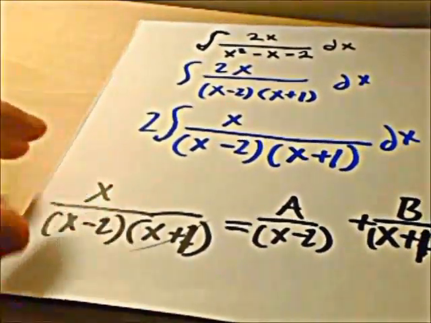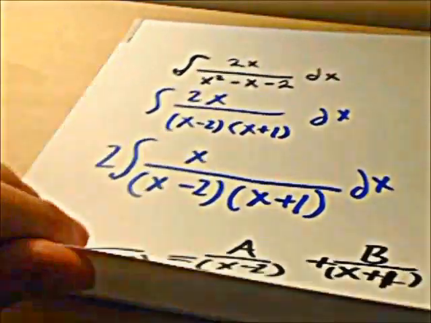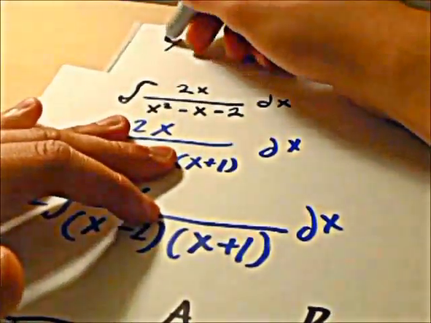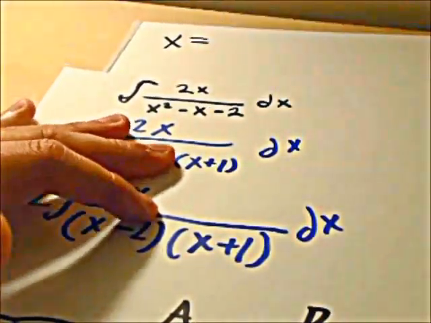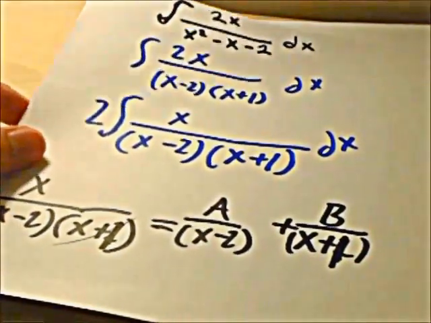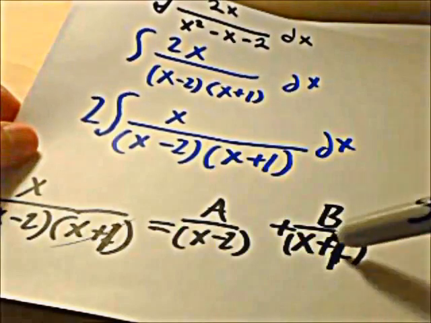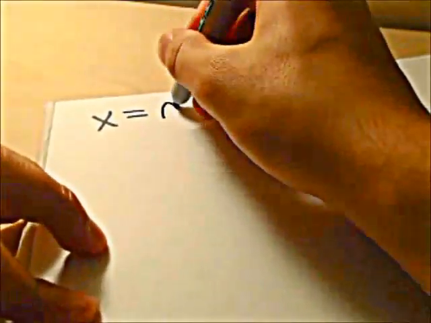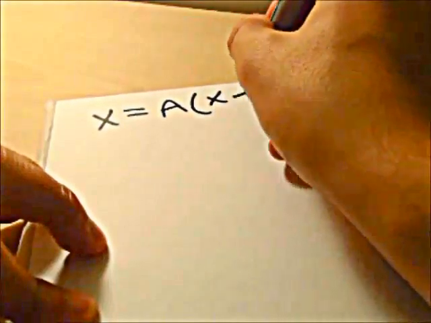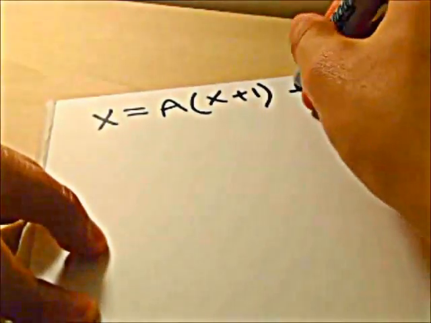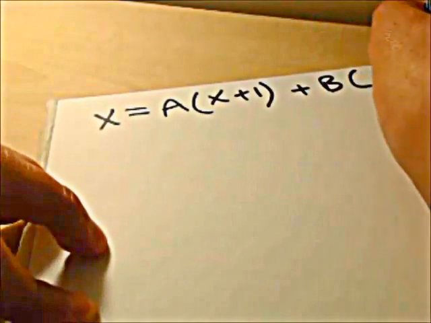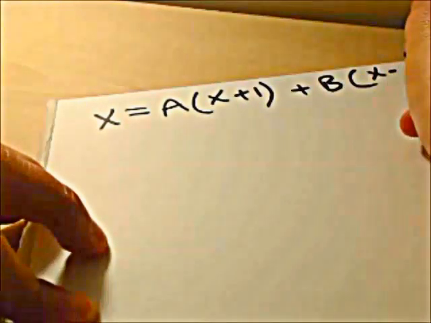If we multiply by the denominator on the left side, we end up with x only. And on the right, A would be times x plus 1, and B would be times x minus 2. So that's going to be A times (x plus 1) plus B times (x minus 2).